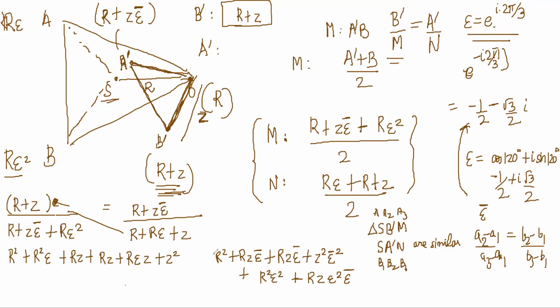So many terms are anyway common. R square, epsilon square, nothing, Z square. I'm getting this. Only one term is coming common.